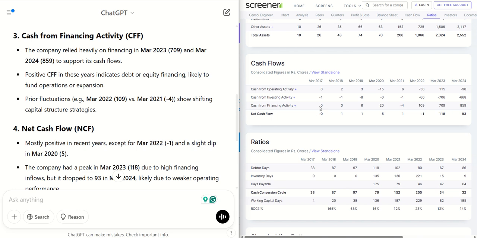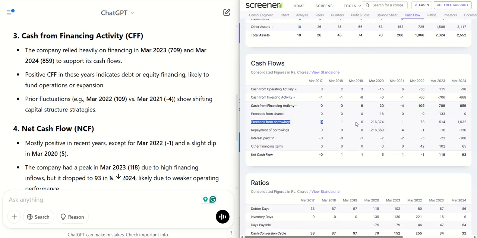Then coming to financing activities. For the first 5 years, there has been very meager financing. But if you see the last 3 years, there has been a huge spike. 109, 709, and 859 crores has been sourced from financing activities. We can right away see they had gone for borrowings.